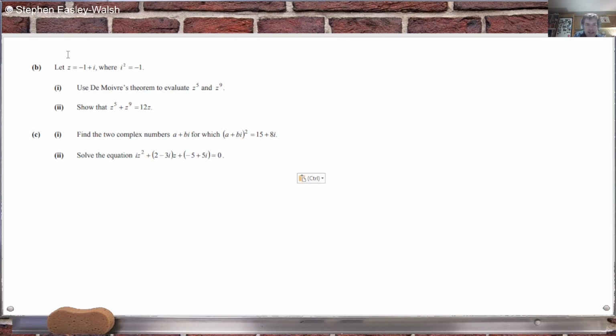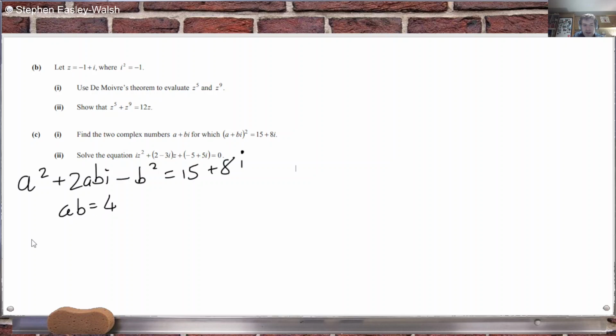Okay, so if I expand here, I get a squared plus 2abi minus b squared equals 15 plus 8i. So that means ab should equal 4, and also a squared minus b squared should equal 15.